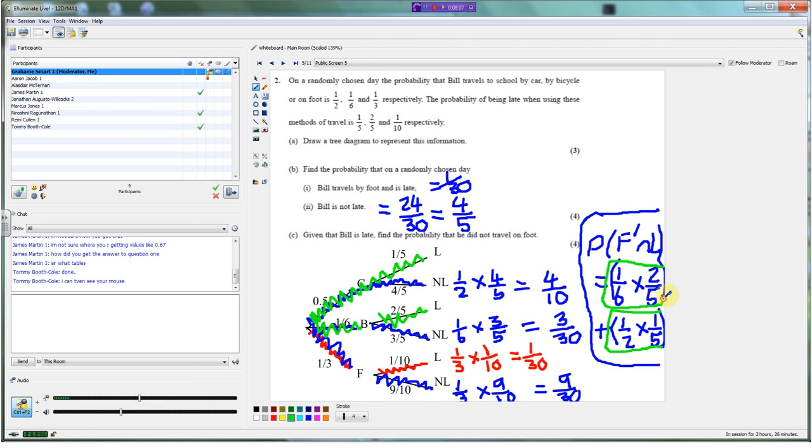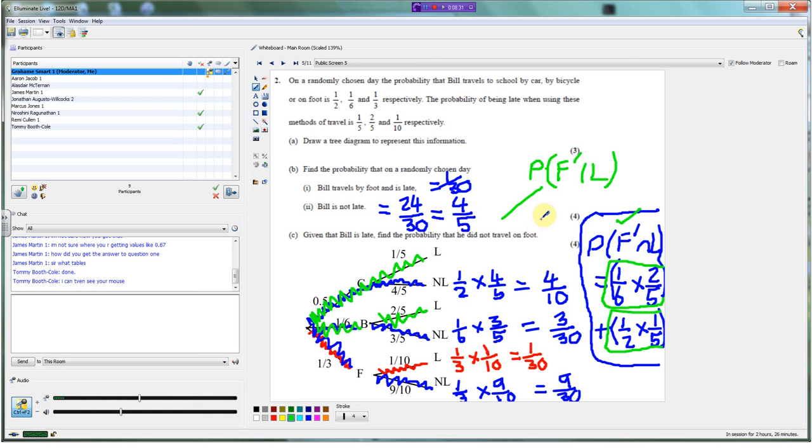So that gives us this bit, and the reason we need this is for our conditional probability, because we know given that he's late, what's the probability that he did not travel by foot. So we need to know this. That's what we actually need to work out.